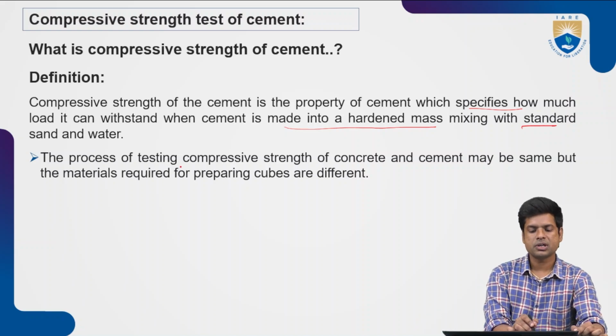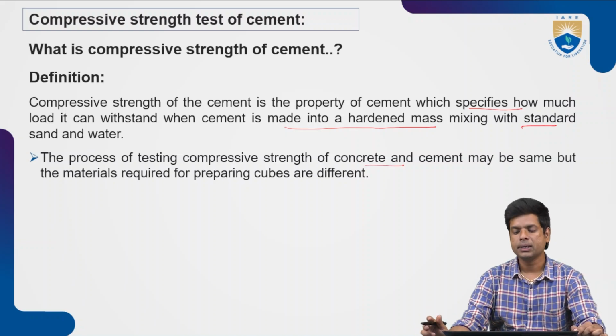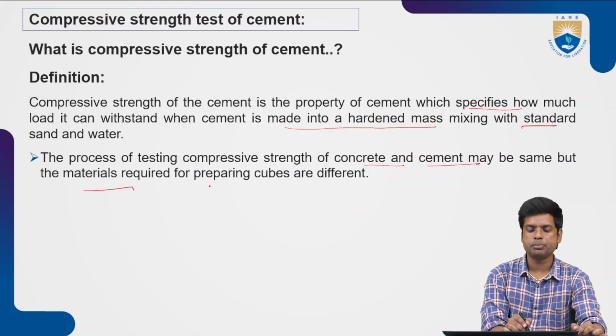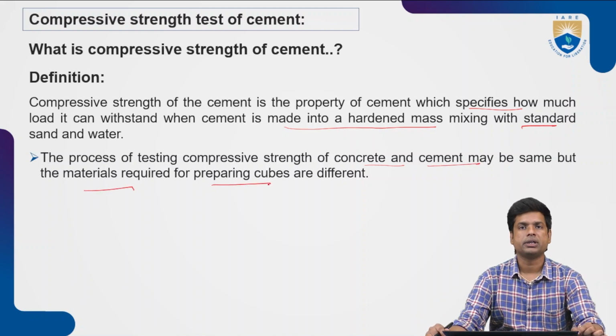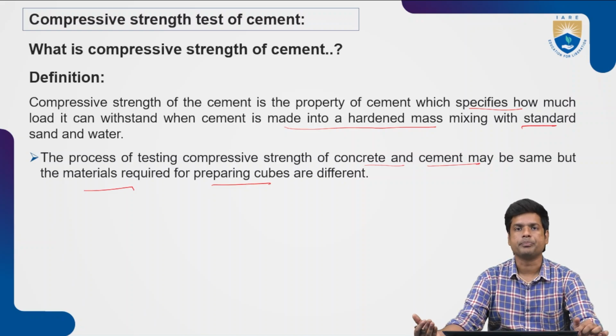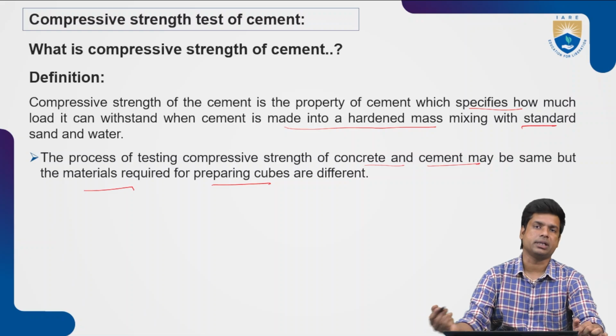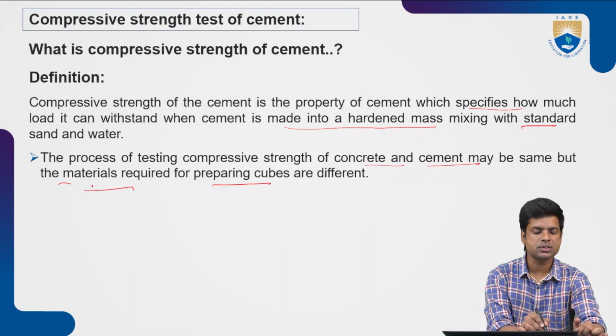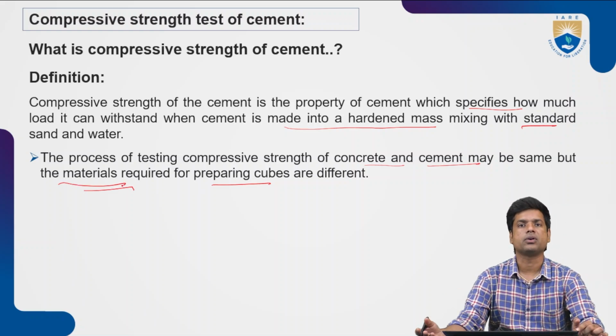The process of testing compressive strength of concrete and cement may be the same, but the materials required for preparing the cube are different. The testing procedure is the same for cement and for concrete, but depending upon the materials you use, we call it cement testing or concrete testing.